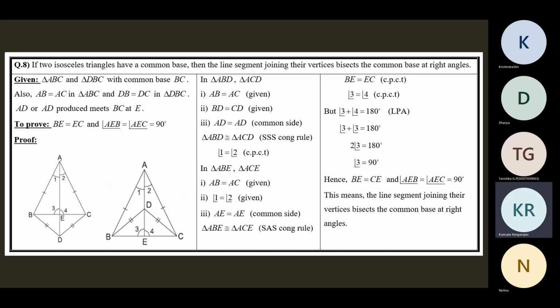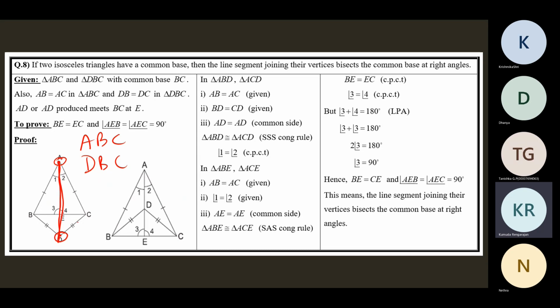The vertex of triangle ABC is A, and the vertex of triangle DBC is D. So AD is the line segment joining their vertices.